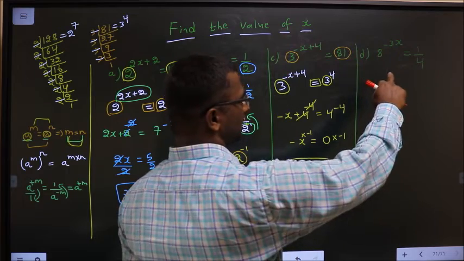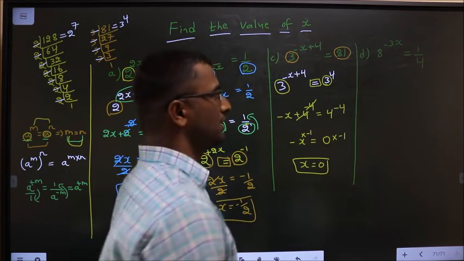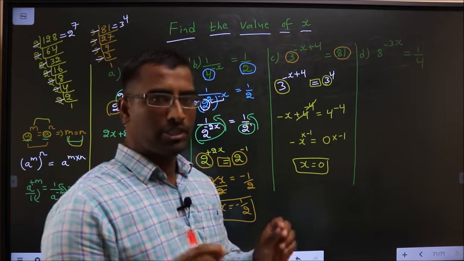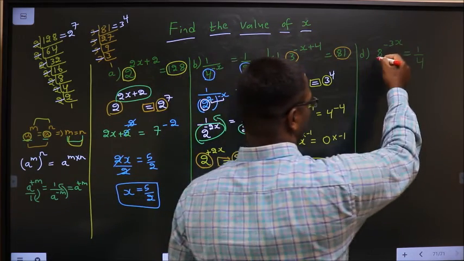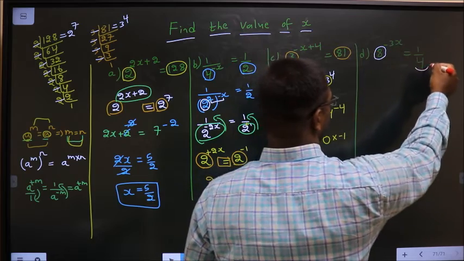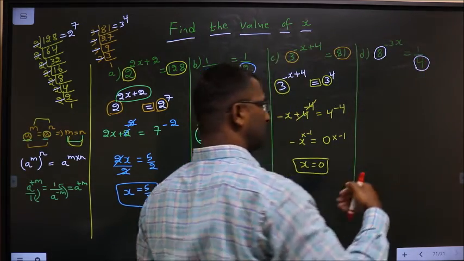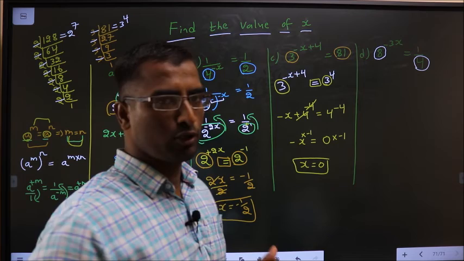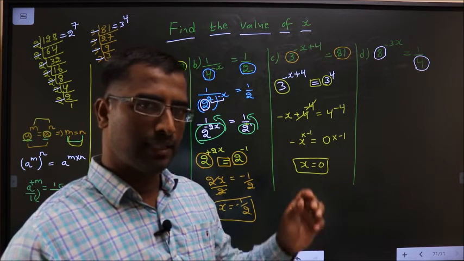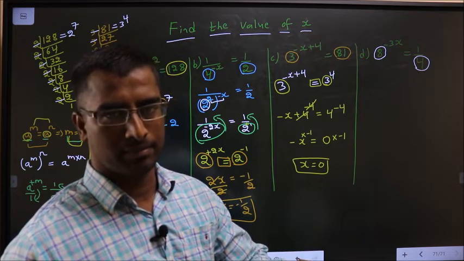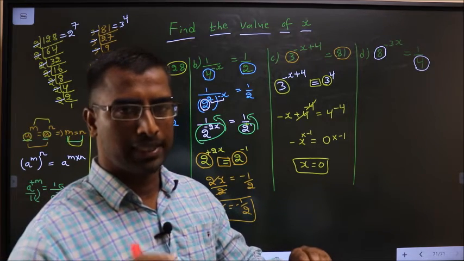8 power minus 3x equal to 1 by 4. See, we should make the bases same. So to make the base of 8 and 4 same, I should write both of them to the base 2. Did you get that point? To make the base of 8 and 4 same, I make both their base to be 2.